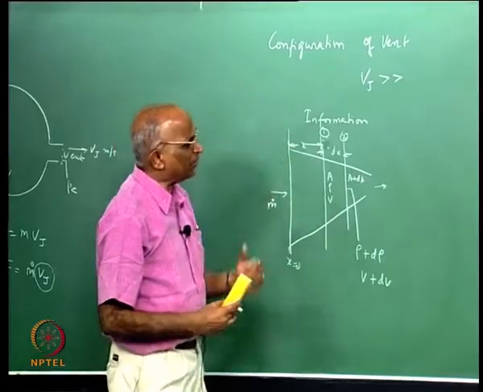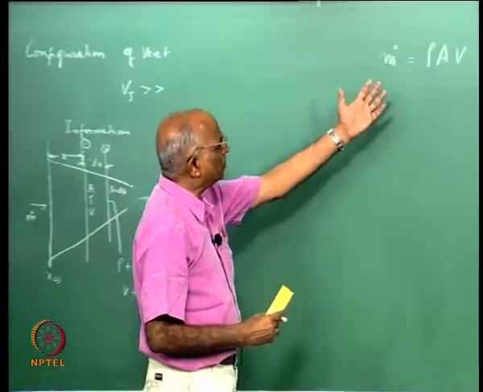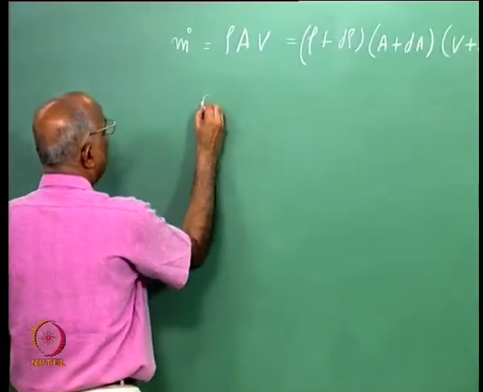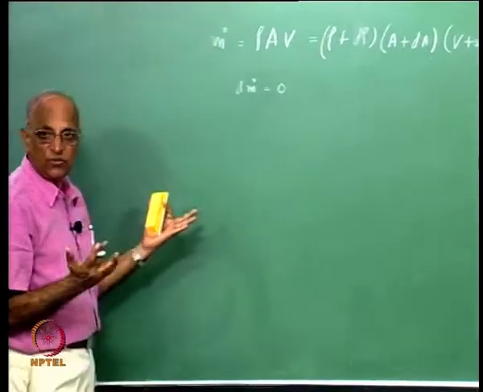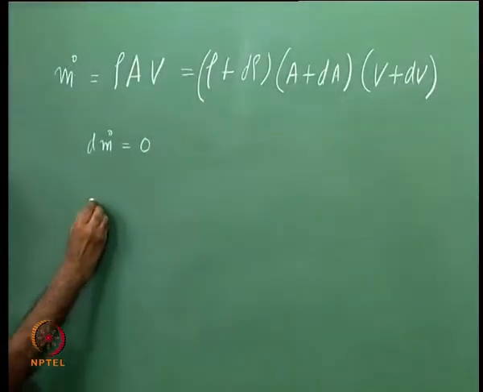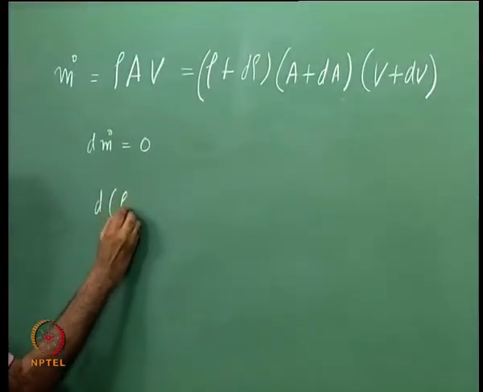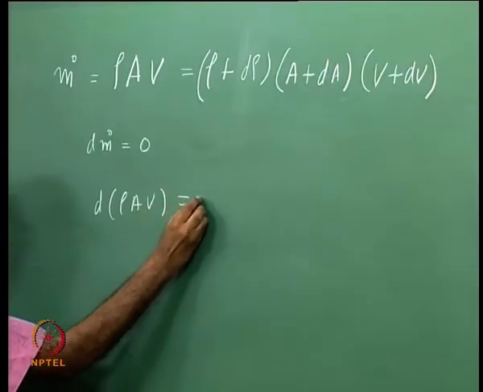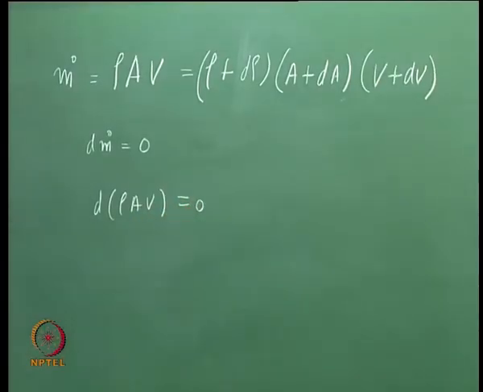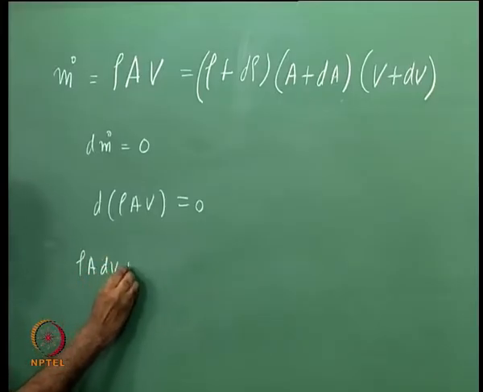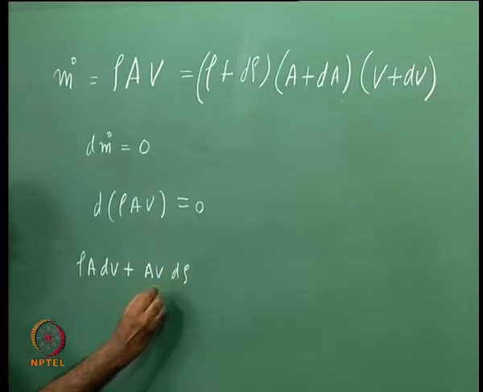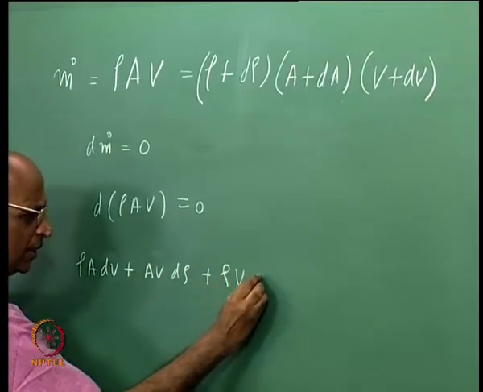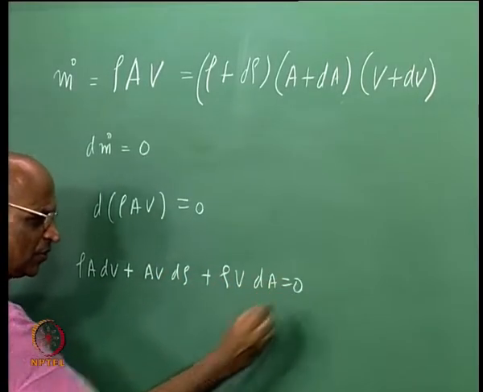Let us solve this equation, and what do we get? Mass flow is a constant, or rather dm dot must be 0 because mass flow is constant. Therefore, I get the expression d of rho A v is equal to 0, and if I expand it out, I get rho A dv plus A v d rho plus rho v dA is equal to 0.